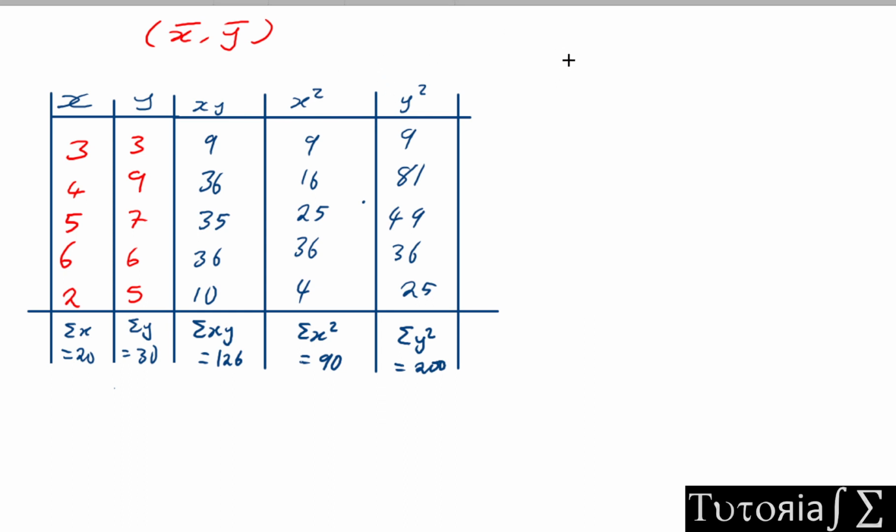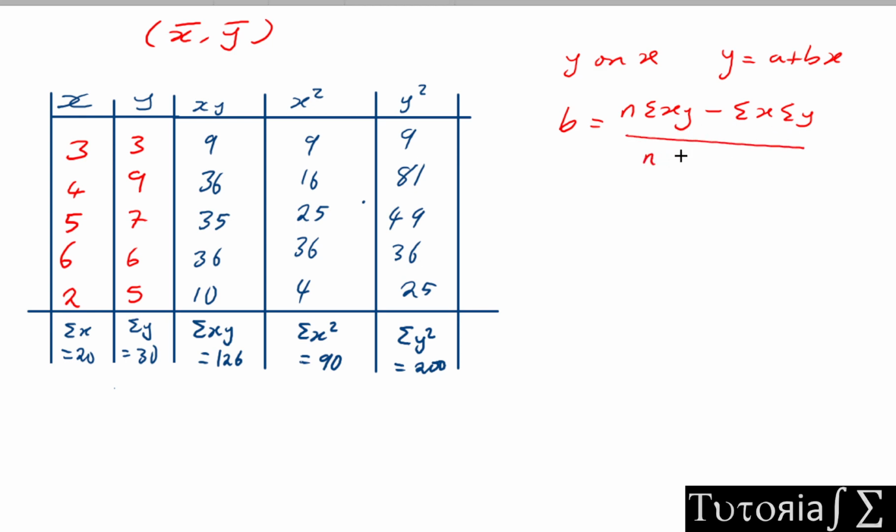So we'll start with y on x. For y on x, we know that the equation is y is equal to a plus bx. So we need to find b, which is equal to n summation of xy minus summation of x summation of y, all over n summation of x squared minus summation of x, then everything squared.